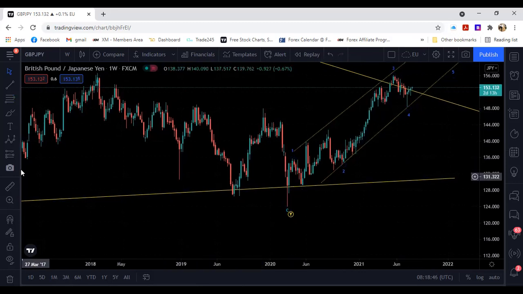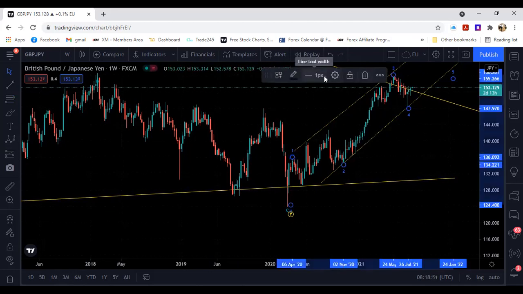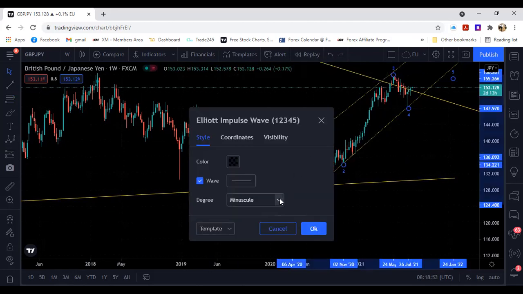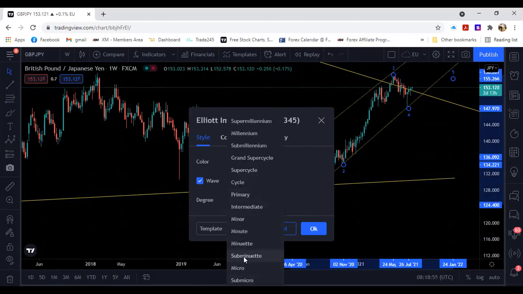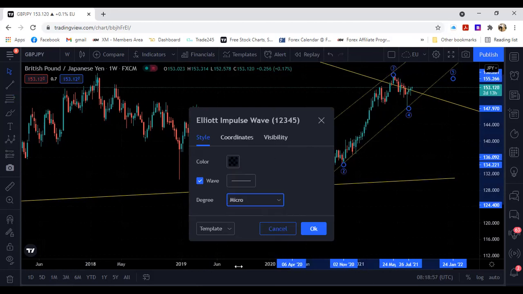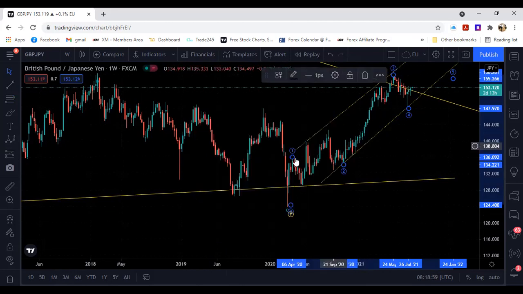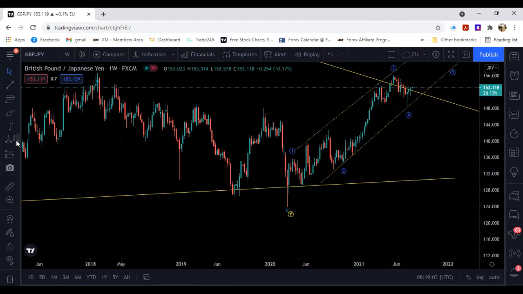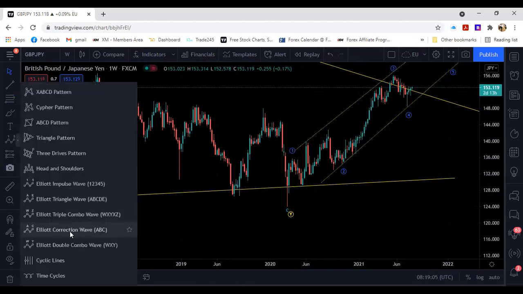I was saying that this correction is in this form, but let's change this one to, let's also put it something like a micro. Let's use the micro. Okay. So then we say that in that correction, there was an ABC movement, right?